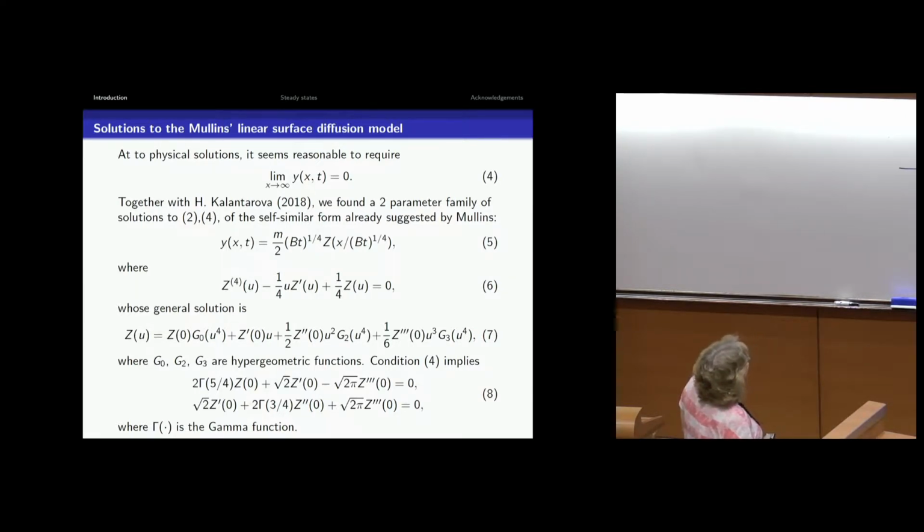And then the question is, it's a 4th-order equation, so there should be a 4-dimensional set of solutions. But if you impose this far-field condition, that in fact imposes 2 conditions on the behavior of Z at 0, it makes sense, okay? And this gamma, it's the gamma function, so we have these 2 constraints, okay?